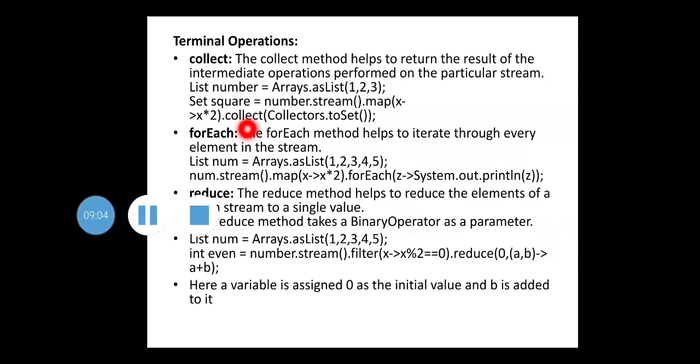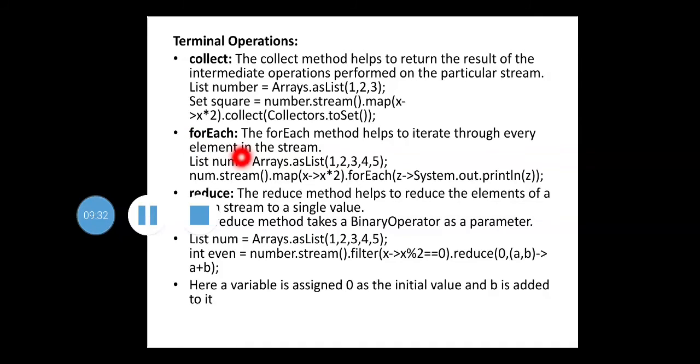The collect method is used to return the result of intermediate operations performed on the particular stream. Here collect of Collectors dot toSet converts the stream data into a set data structure, so we store the result in a set object.